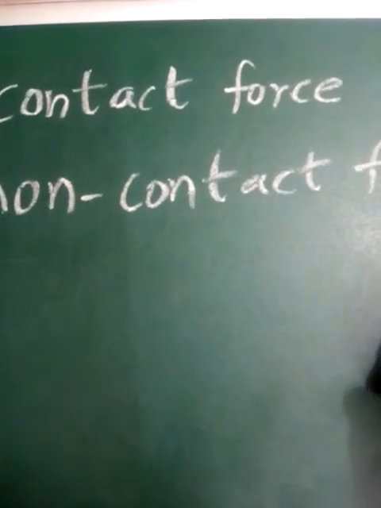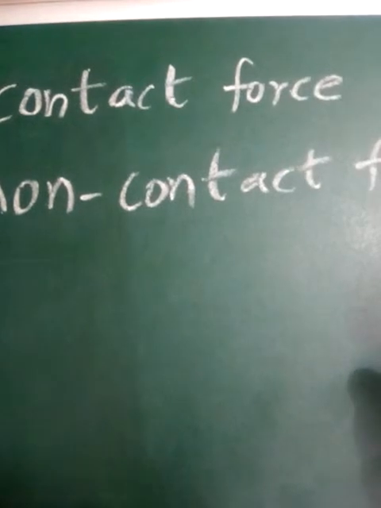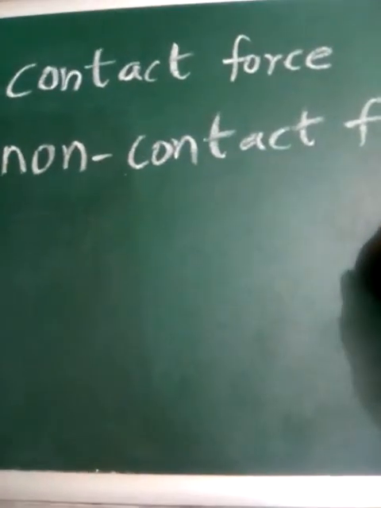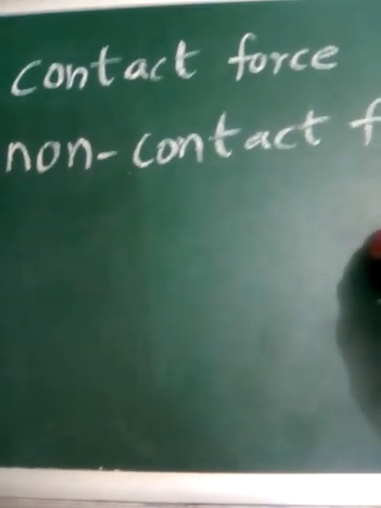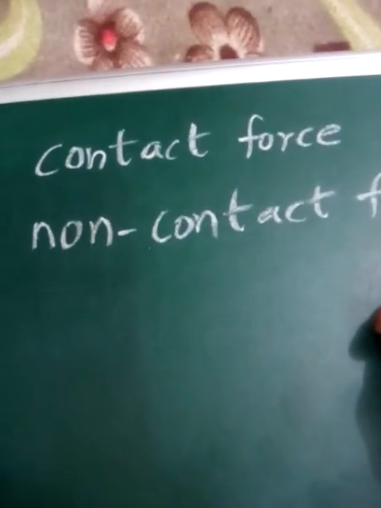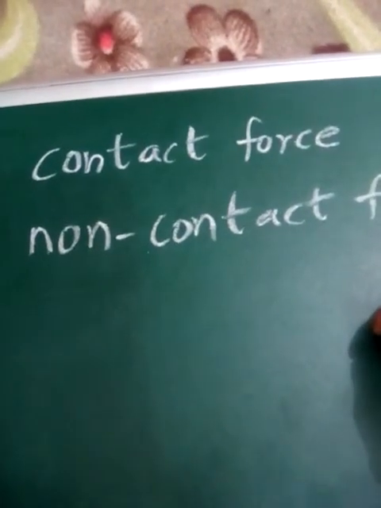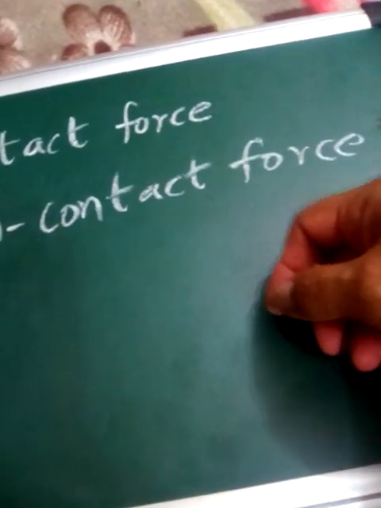The force between two bodies which pulls them to each other is gravitational force. That is a non-contact force. So there are many such examples also of non-contact forces. So forces can also be classified as contact forces and non-contact forces.